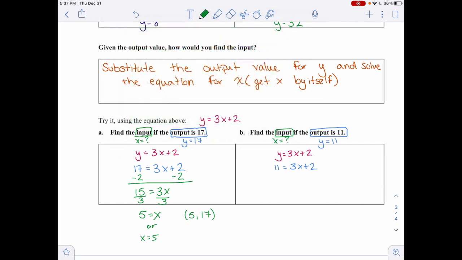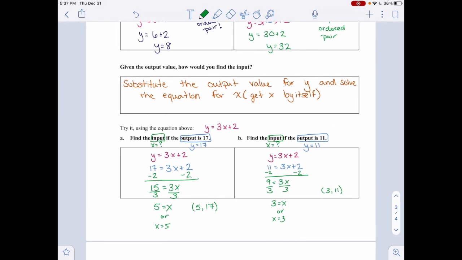And then I'm going to solve for x again. So minus 2 from both sides, 9. Divide by 3. So 3 is x, or x is 3. And the ordered pair here would be (3, 11), because that's the matching input and output.